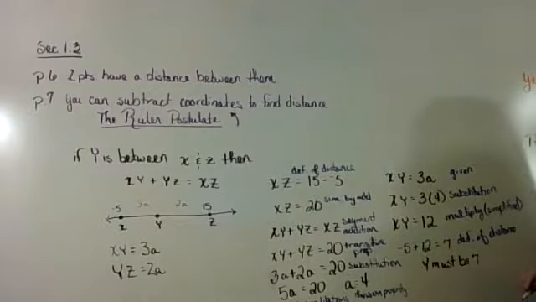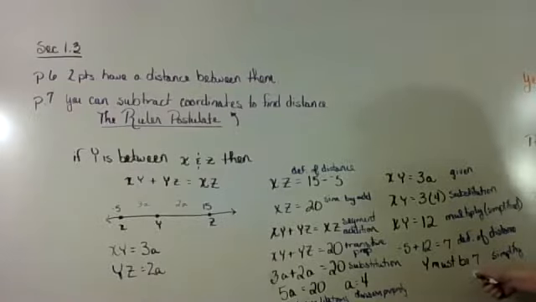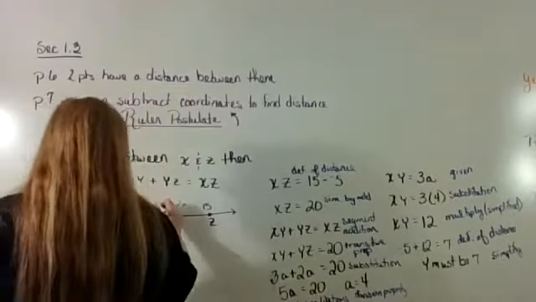So y must be 7. I simplified. Now, this is a really long proof to prove what we found, that y was 7. So over here, I can come and put 7.